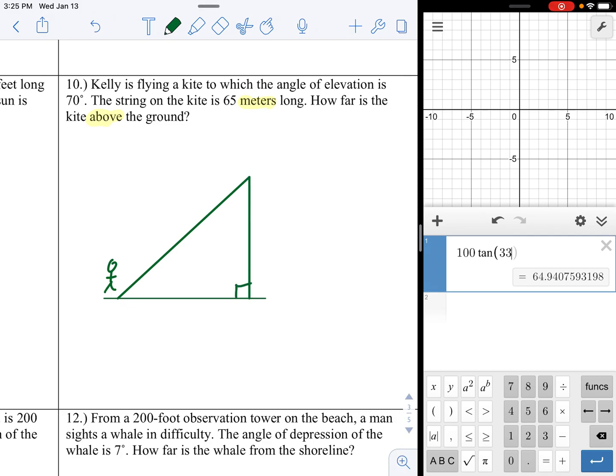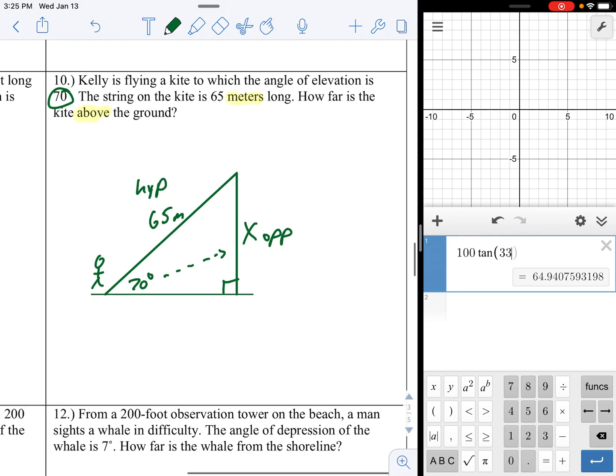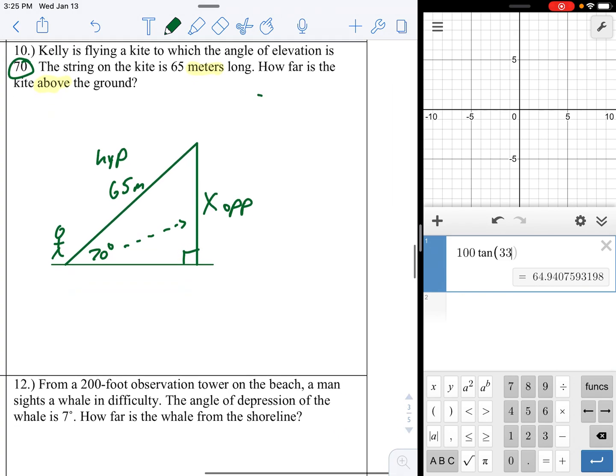Okay, so the kite string is 65 meters long, and the angle of elevation is 70 degrees. How far is the kite above ground? So we're looking for that side right there. What we're looking for, we would call the opposite, and what we're given is the hypotenuse. Opposite and hypotenuse is sine.